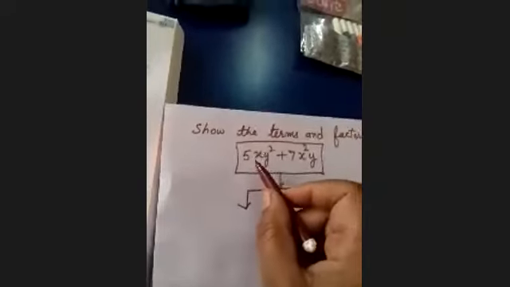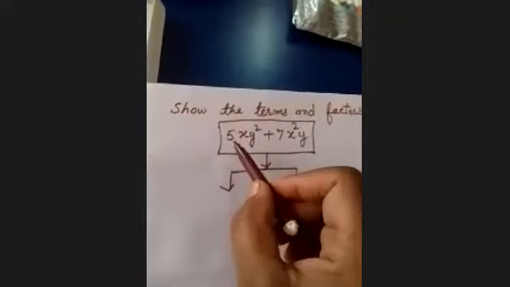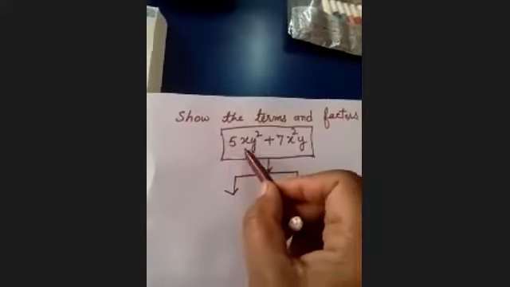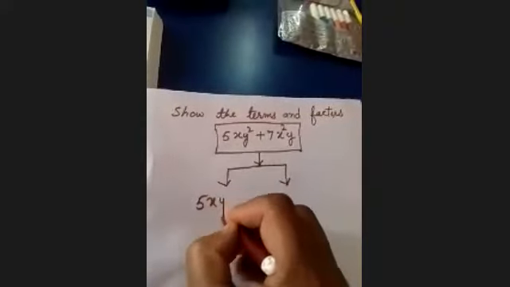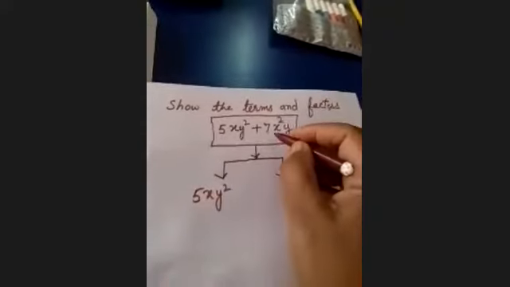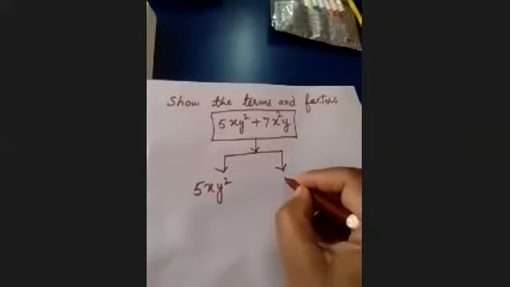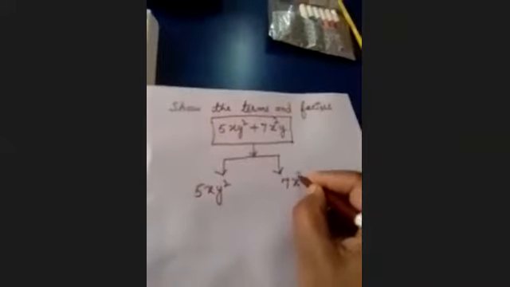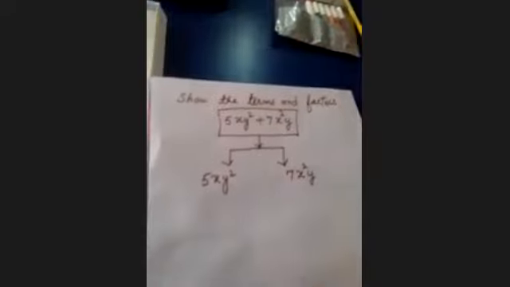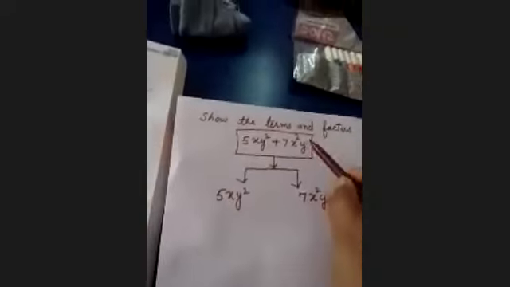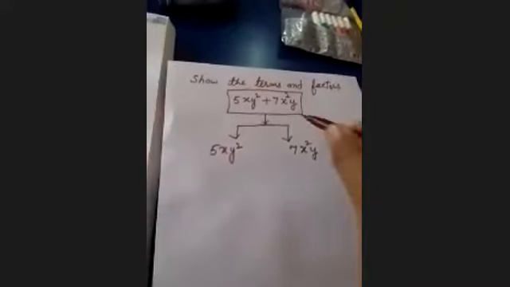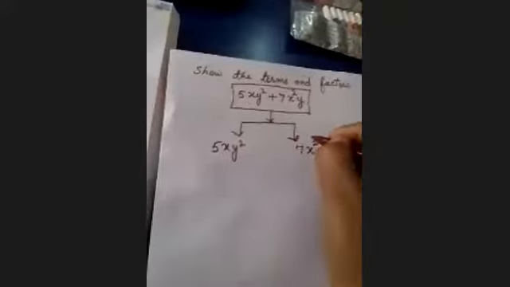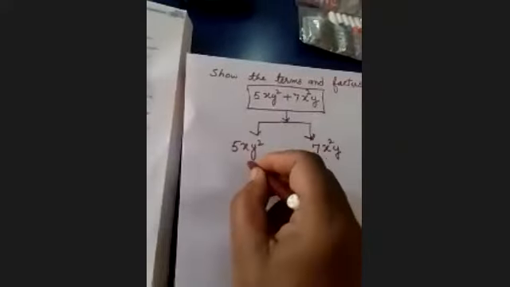Yes, friends. In this algebraic expression, we have two terms. First is 5xy square. Second term is 7x square y. Now separate the factors.